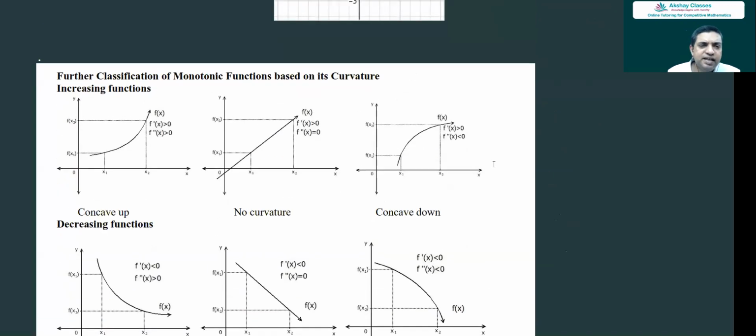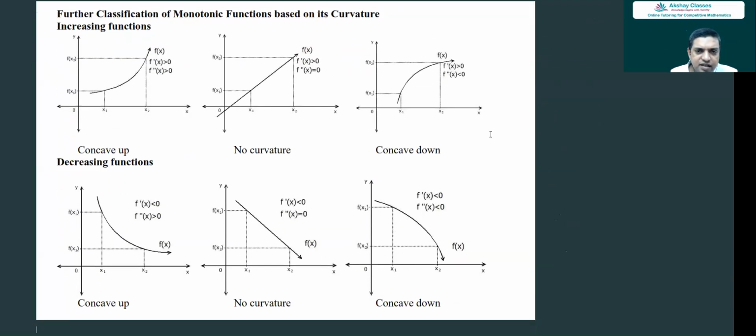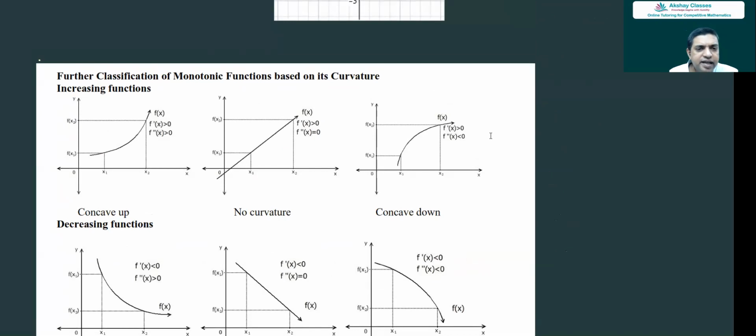A function may be increasing or decreasing, but its curvature, you see the curvature, this is concave up. The concave portion is upwards. Here there is no curvature, it's a straight line. And here there's a curvature which is concave down, or the convex portion is up.